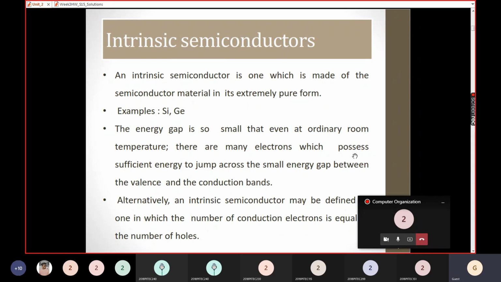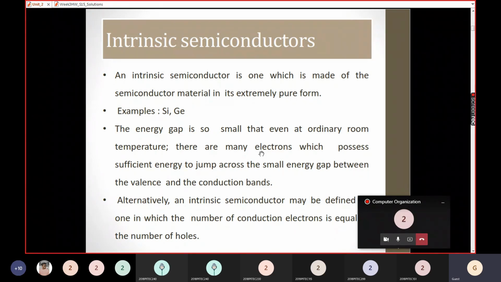Suppose you are not achieving the target, suppose your energy band goes below 1 electron volt, what are you going to do? You have to check how many electrons are present. You can see through the third point here, how many electrons are present, you have to check it. Then after that, where the energy gap is missing, you have to check between two different bands. Those two different bands are called valence band and conduction band.